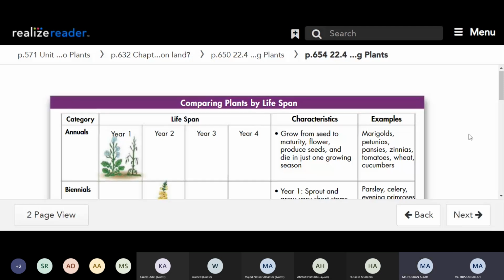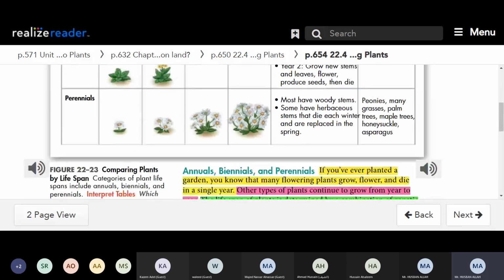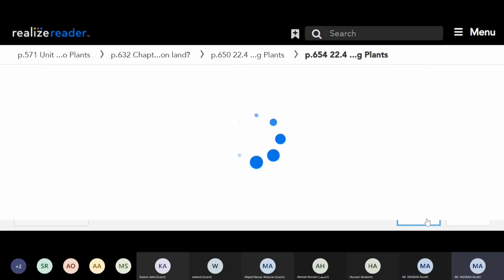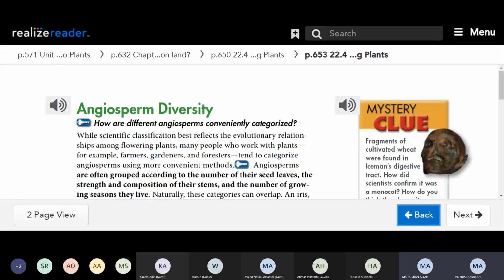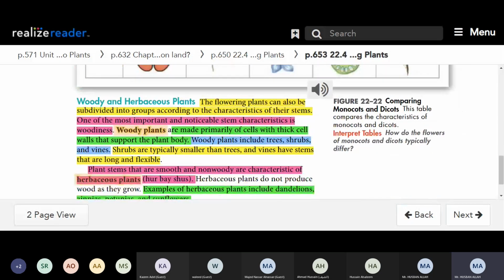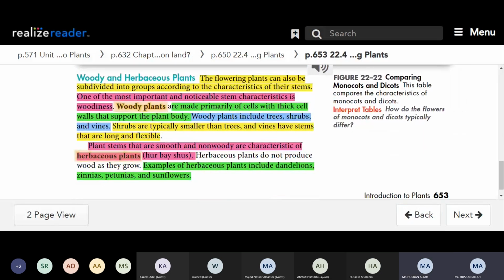Okay, the next point. We said in the start that it is based on growing season, the last point which we are going to study. One point is remaining from the previous one: woody and herbaceous plants. Two types of plants we have.